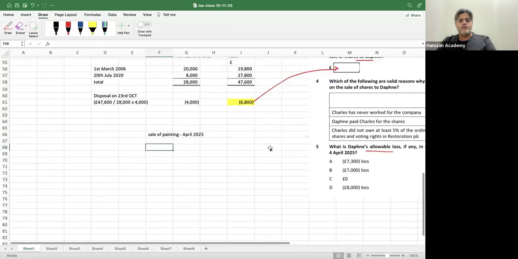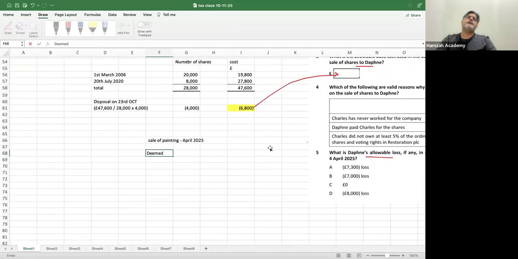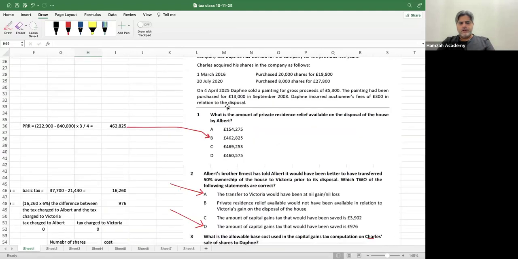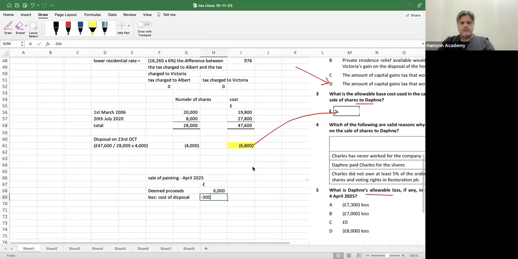If the proceeds are less than 6,000, I assume the deemed proceeds are 6,000, right? I have the cost of disposal, so I had to pay the auctioneer fee of 300. So I will have my net proceeds of 5,700 here.